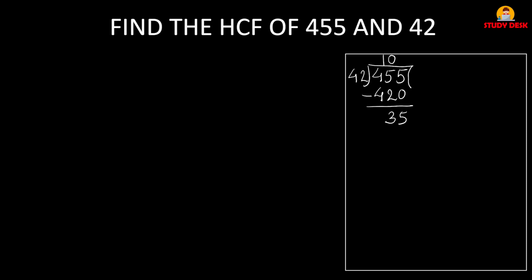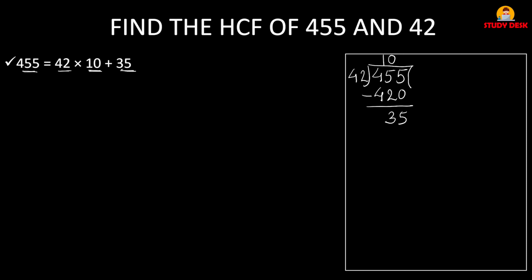So in terms of Euclid's division lemma, how could we write this? Remember, 455 is our dividend, 42 is the divisor, 35 is the remainder and 10 is the quotient. So, we will write 455 is equal to 42 into 10 plus 35. Dividend is equal to divisor into quotient plus remainder. Now, we did not get the remainder as 0.